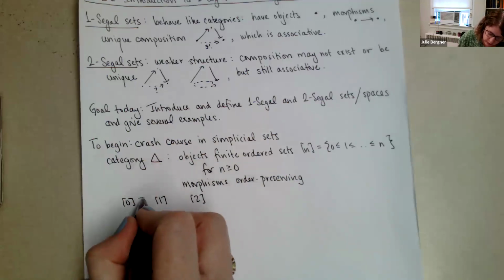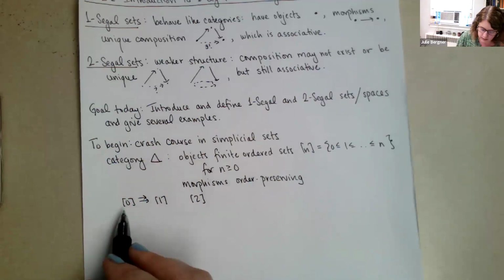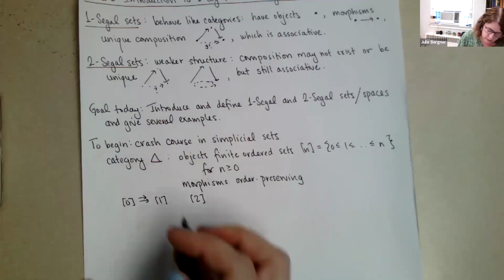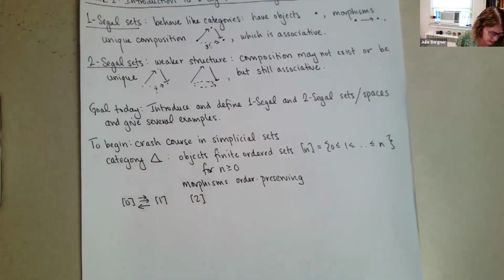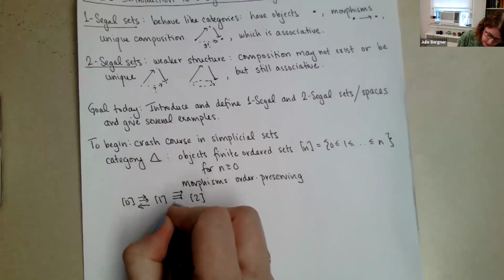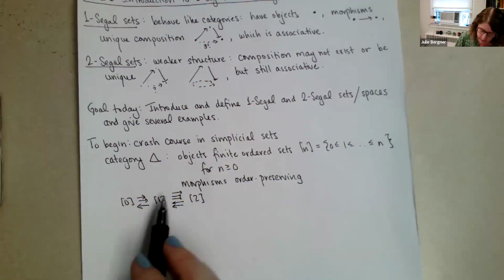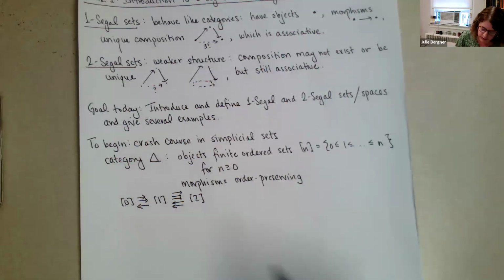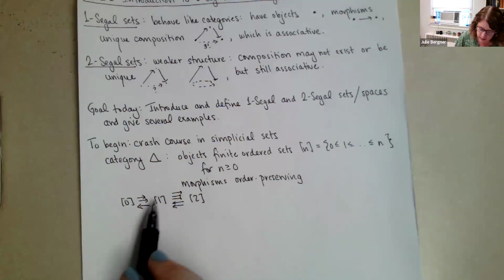So for example, there are 2 order preserving maps from 0 to 1, either 0 goes to 0 or 0 goes to 1. There's only 1 order preserving map from 1 to 0. And then we have more of them going from 1 to 2. I'm not even writing all of them. I'm not writing the ones that collapse everything, but you could send, say, 0 to 0 and 1 to 1.